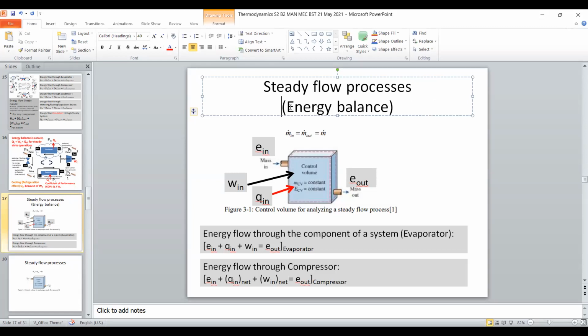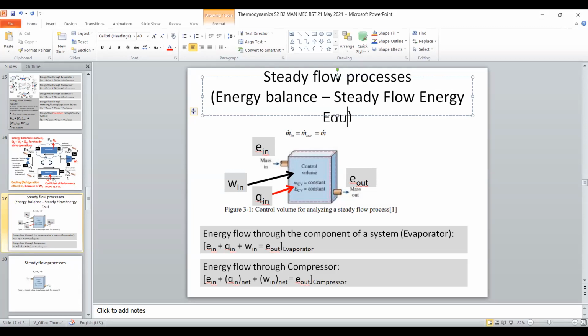Okay, energy balance. So this is actually energy balance, or we call this steady flow energy balance or equation.